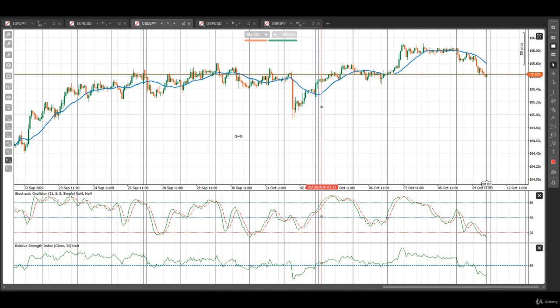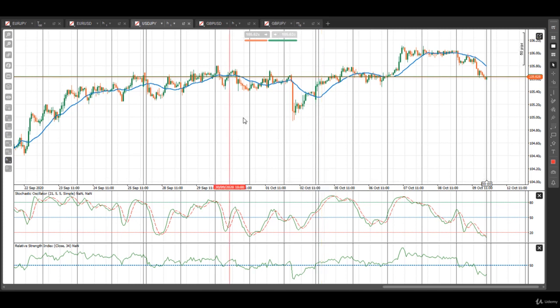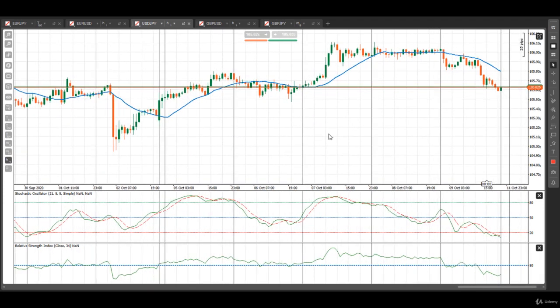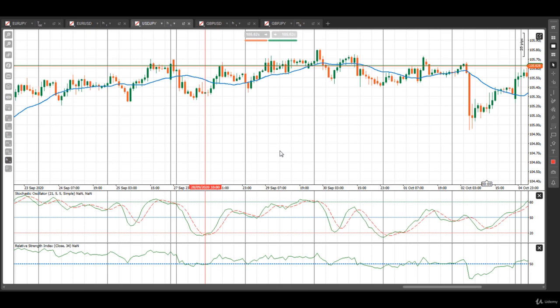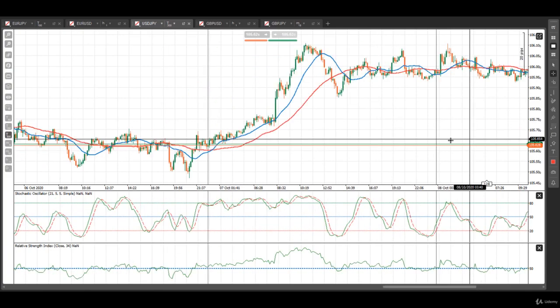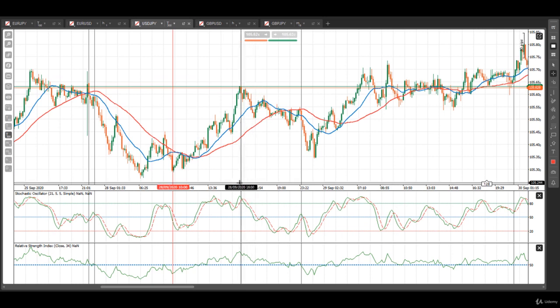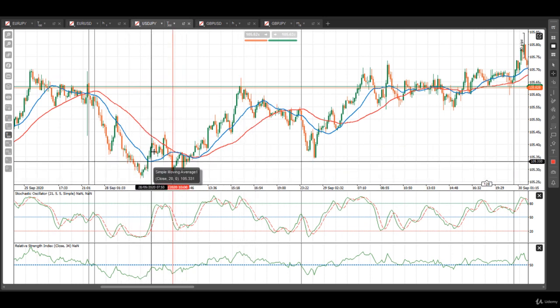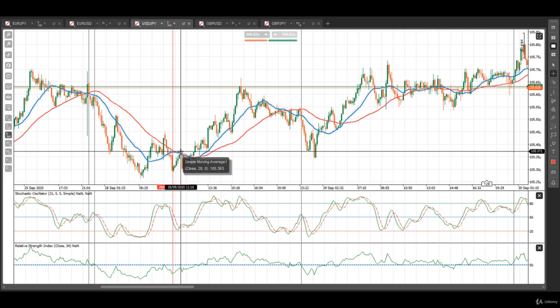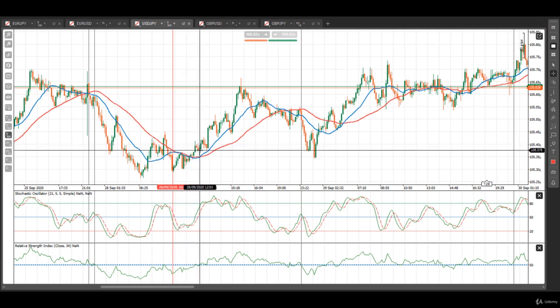Okay, so let's see 28.09. This. Here we are trending down, then the market trending down, then the market returning up.